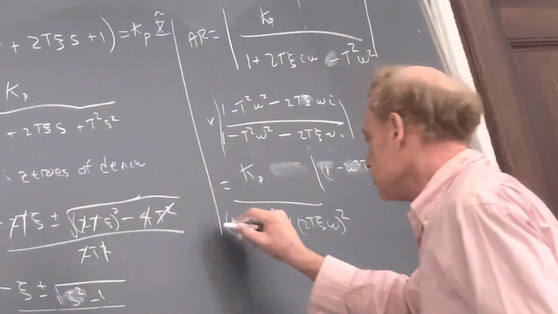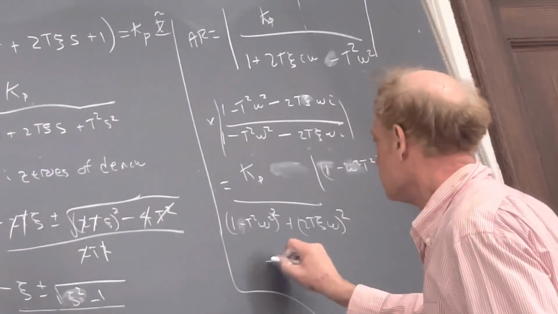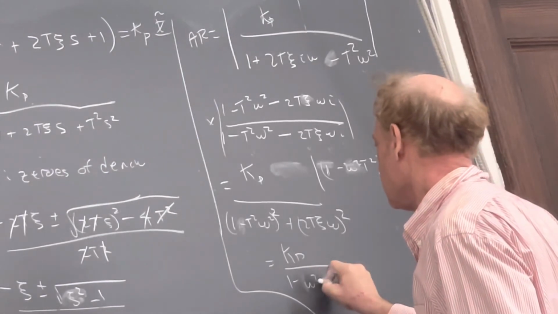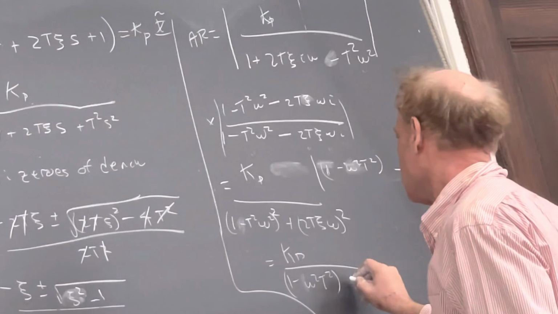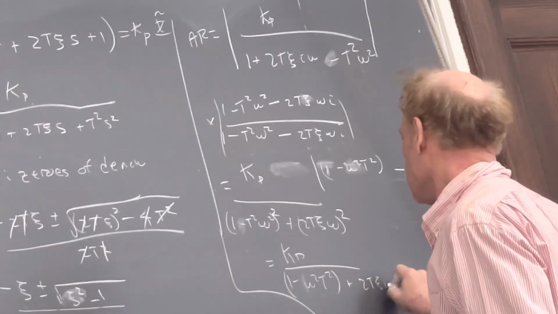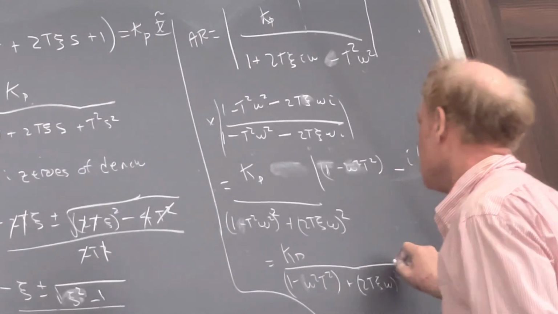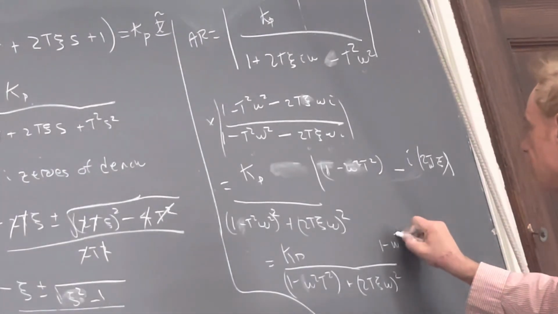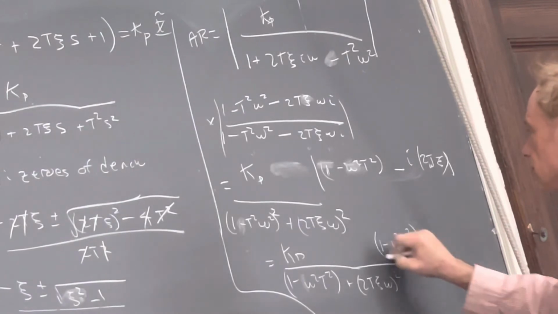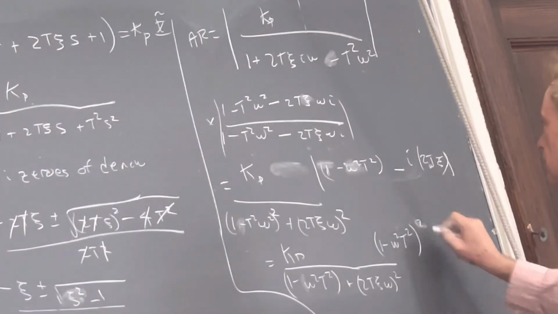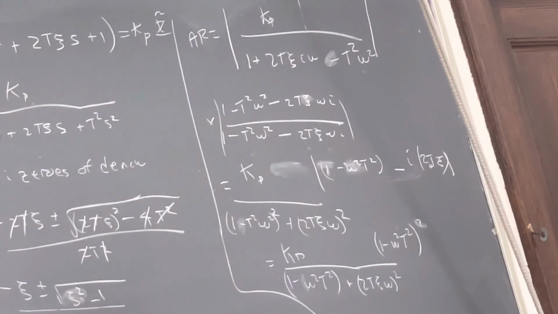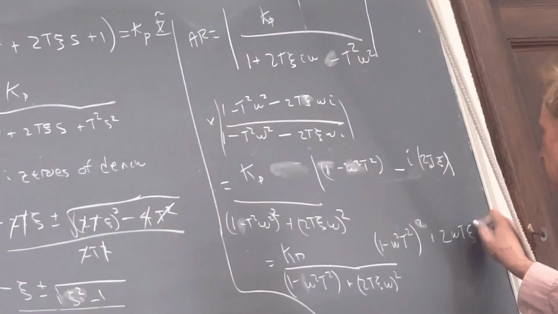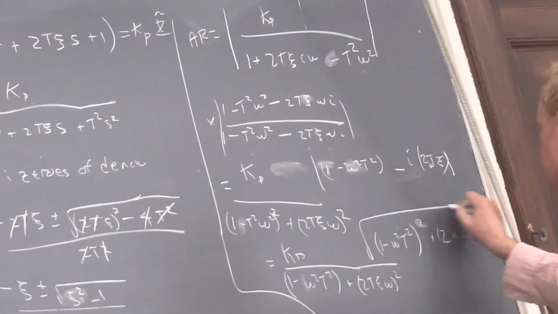Now I need to take the magnitude. And in the numerator, I have 1 minus omega squared t squared, squared. And now I need to take plus this thing squared, plus 2 omega t c squared, square root.